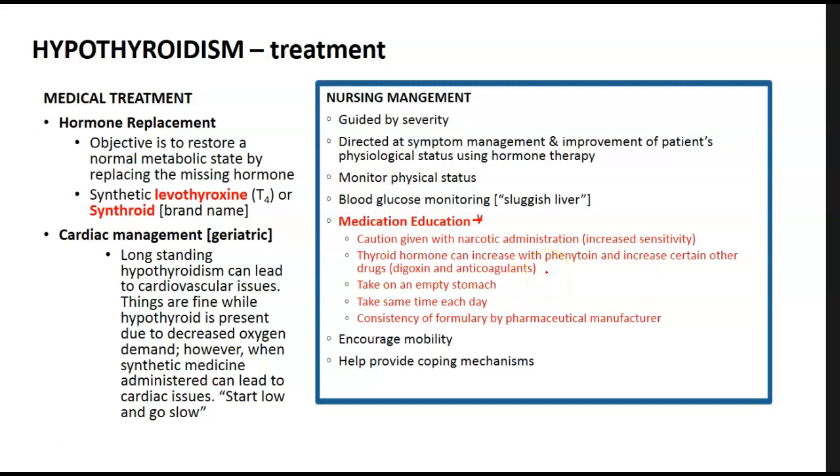If you haven't learned, digoxin seems to be affected by just about every medication. It needs to be taken on an empty stomach, at the same time each day, and there needs to be consistency in formulary by pharmaceutical manufacturer. Make sure your patient gets up and moving, and help them with coping because, like I said, this is a lifelong change.